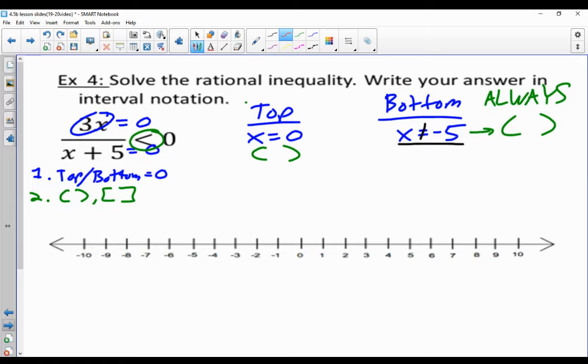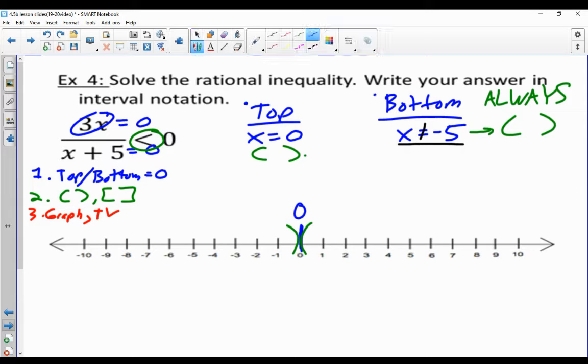And now we can move on to the third step, where we graph the information we have, and find some test values to plug in and check. All right, let's first graph the top. The top we have right at 0, and its parentheses are open.